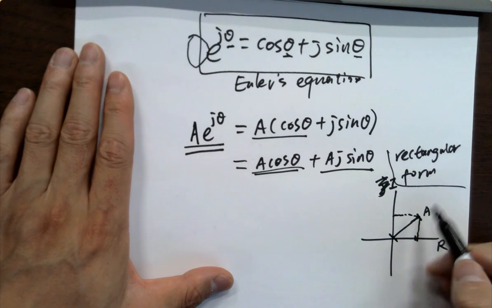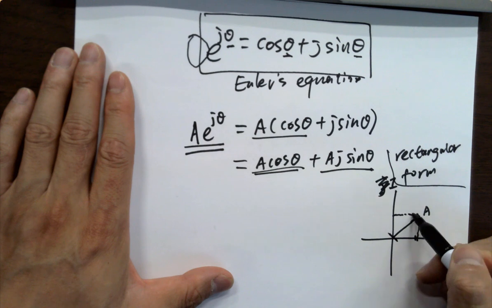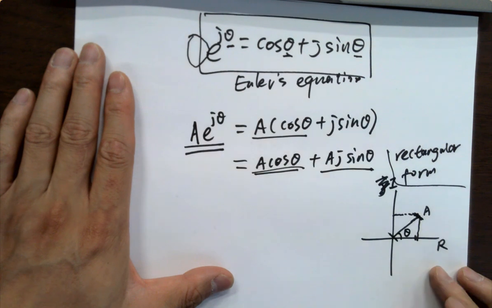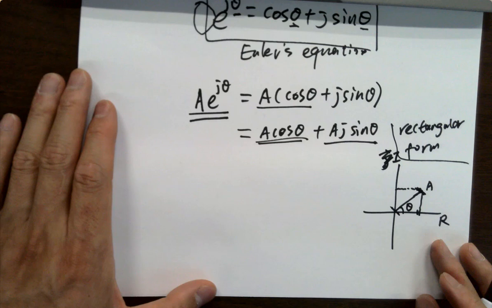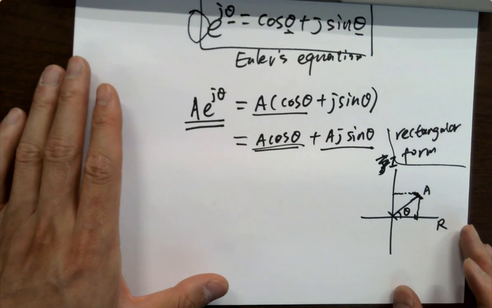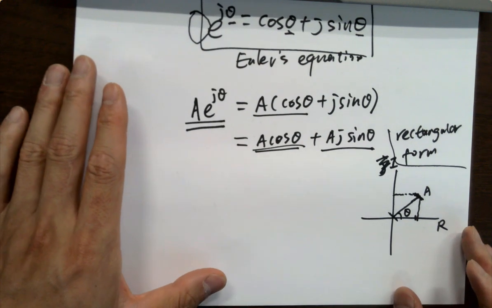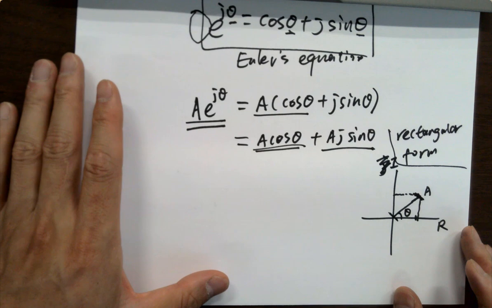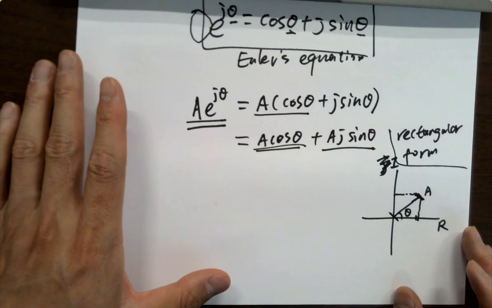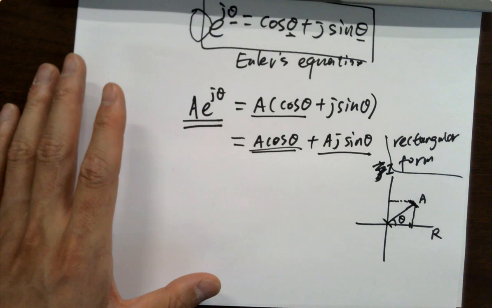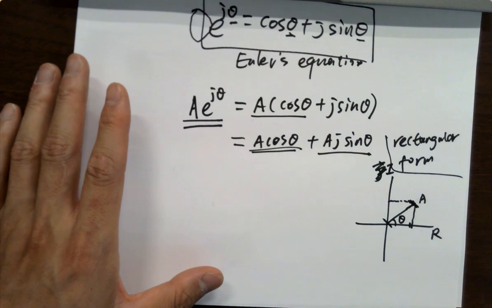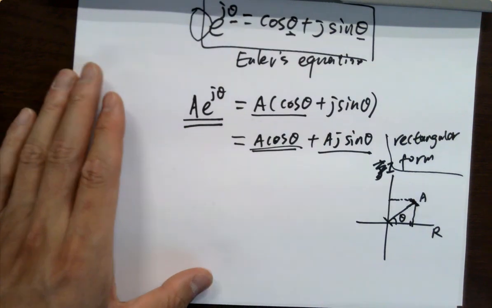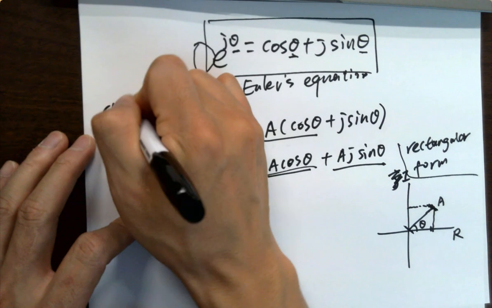So this bar represents the amplitude and the angle. If I'm asking you, what is a phasor? We talked about that on Friday. We only care about amplitude and angle. There's no time dimension. That's why it's called steady state. You'll see this a lot.